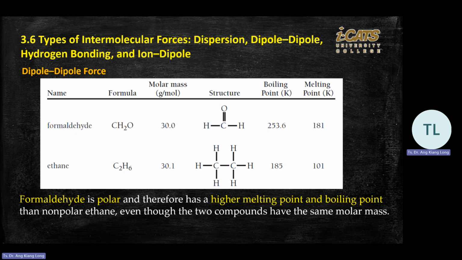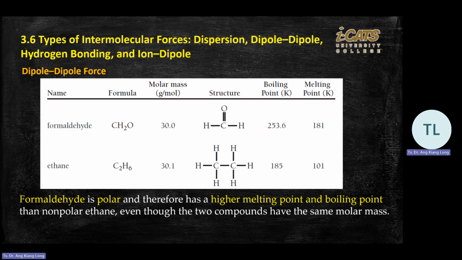If you look at a shape like triangular or a T shape, that is imbalanced. So imbalanced means polar, so there will be a positive and negative side. C2H6 is balanced, it's symmetric. If you cut in the middle, you see it's actually the same.